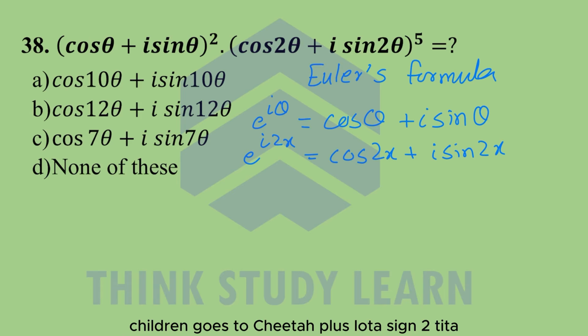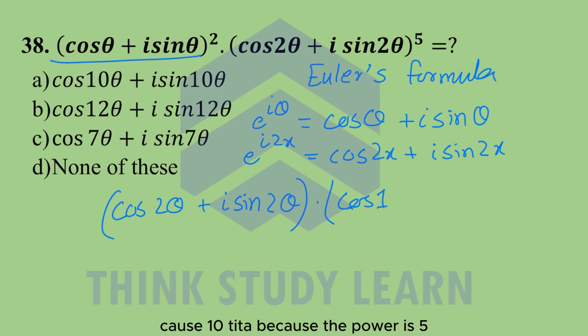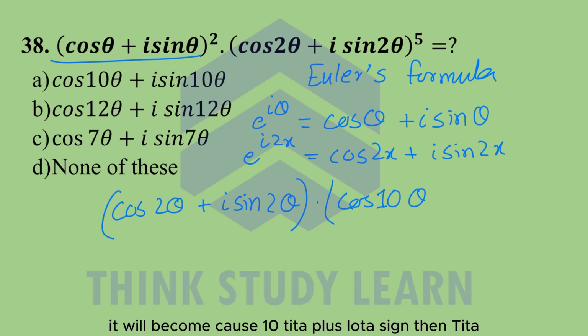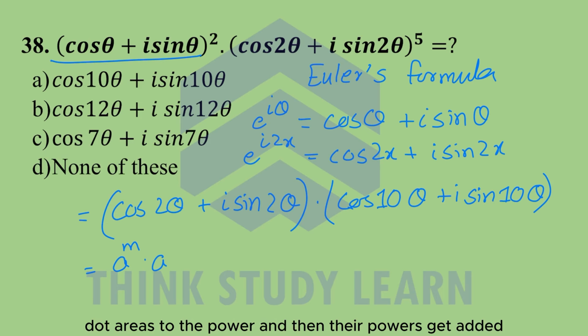So applying this theorem, the bracket cos 2 theta plus iota sine 2 theta raised to the power 5 will become cos 10 theta plus iota sine 10 theta, because the power is 5, so when 5 is multiplied by 2, it becomes 10. Now we know that for a raised to the power m times a raised to the power n, their powers get added.